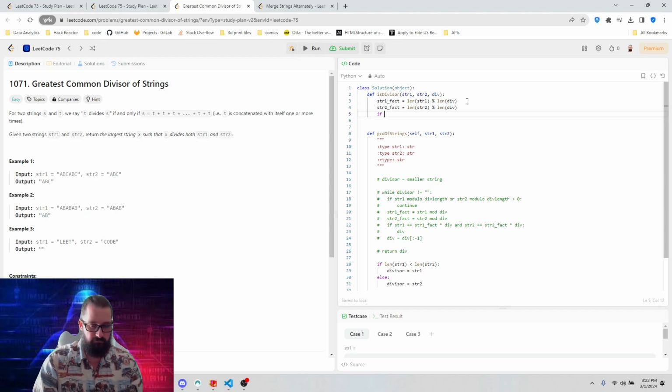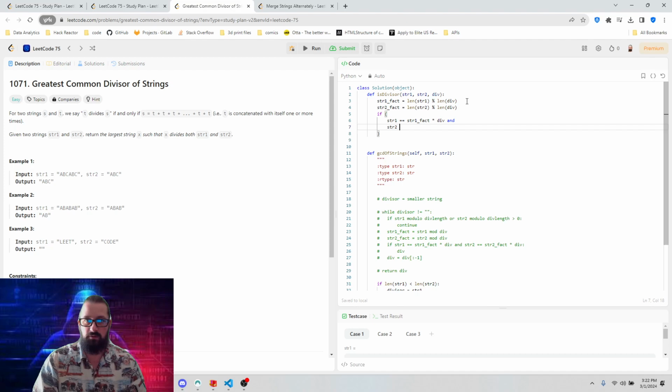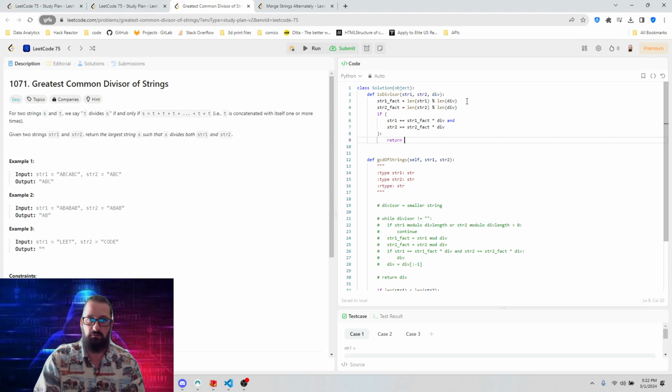Then if string 1 is equal to string 1 factor times div, and string 2 is equal to string 2 factor times div, return true. This is going to be is common divisor.